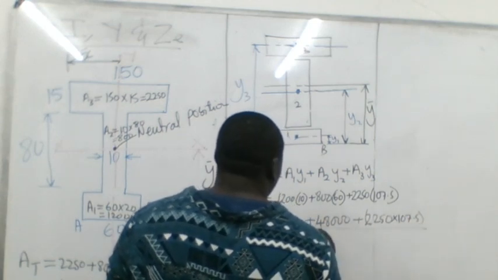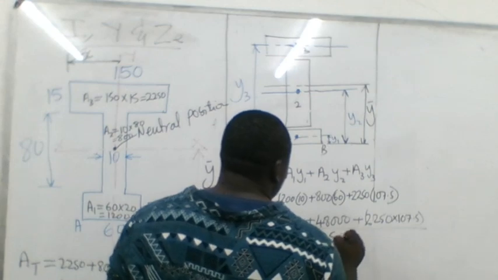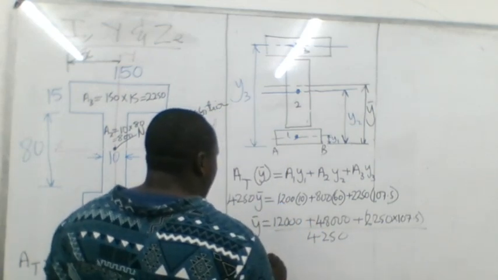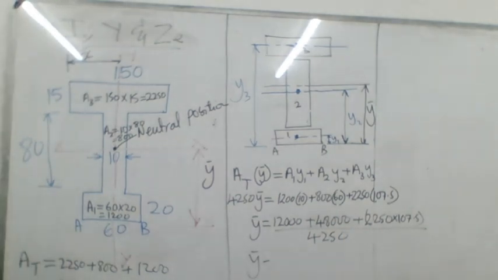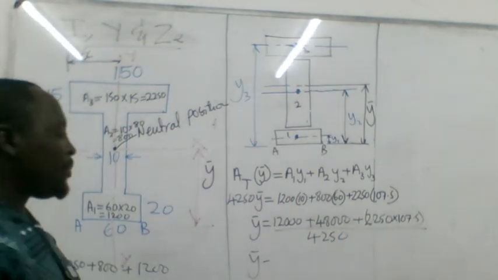Then you divide by 4250. What is our Y bar? This is when you are looking for the centroid. What is our Y bar?